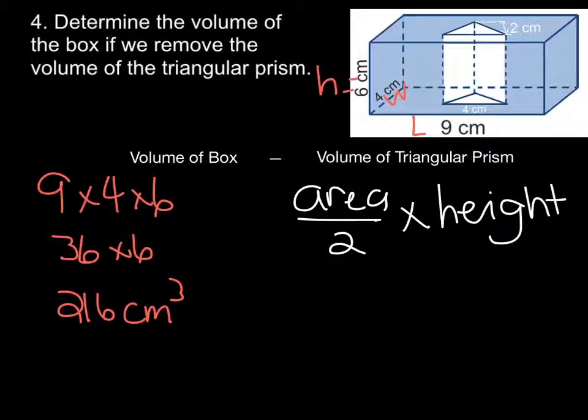Okay, so let's look at the base first. Okay, so this is similar to a rectangular prism. Right, if I do this. All right, what would the length be? Well, the length of that base here is 4. Okay, so we got 4. And what's the height?